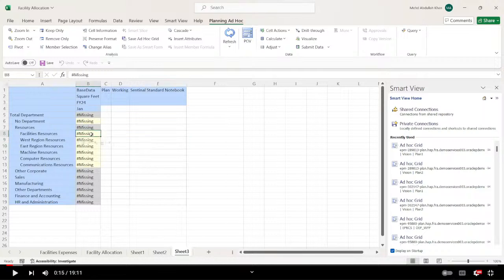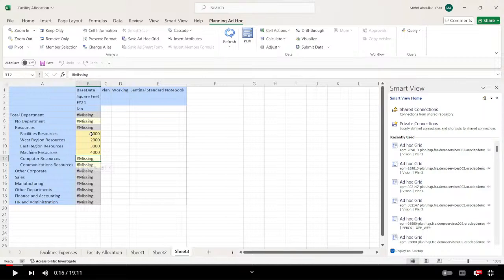Suppose in facility resources I give 1,000. This is the unit. 2,000 units, 3,000, 4,000. Suppose a company has one warehouse and it stores a variety of products, then how would it allocate the expense of the warehouse across the variety of products?